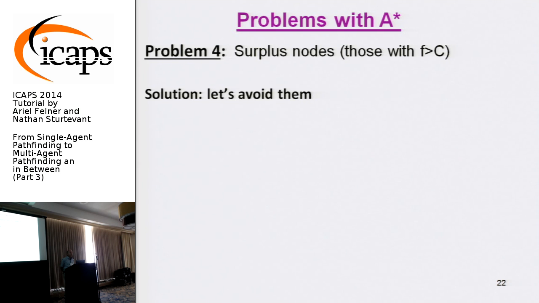Surplus nodes, okay? We talked about this in the first half. How do I avoid generating nodes and putting them in open lists that I will not need in the future? Because the branching factor is very large, the amount of surplus nodes is also very large.